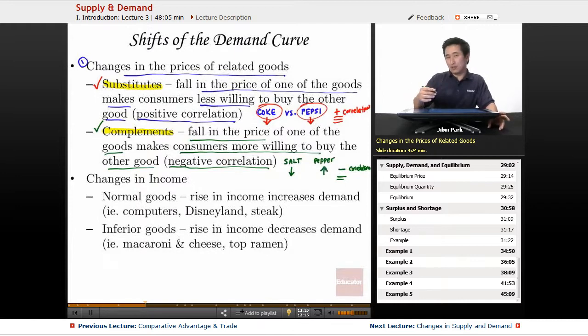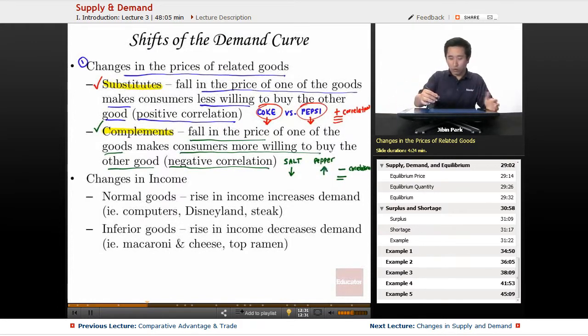You're not going to have to really deal with calculations and numbers in the macro course, but you are going to have to know the idea that if the price of a substitute decreases, then the demand for the other substitute is going to also decrease as well.